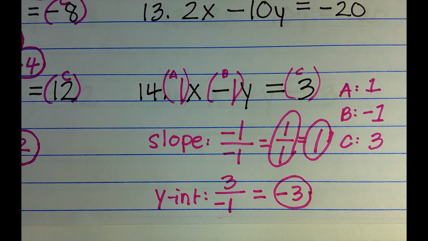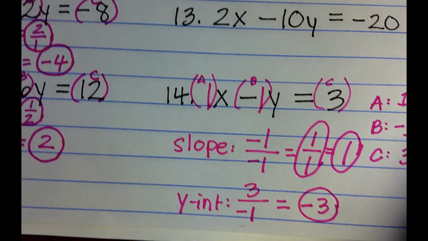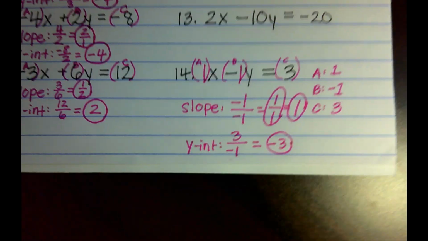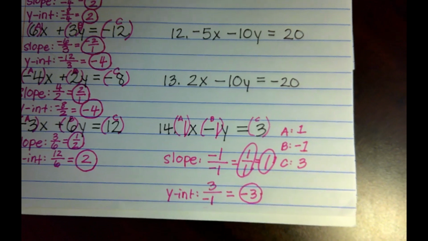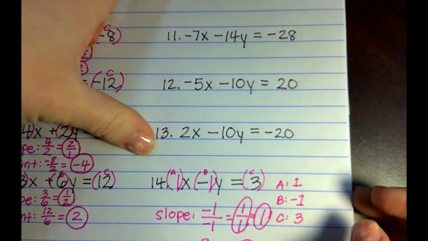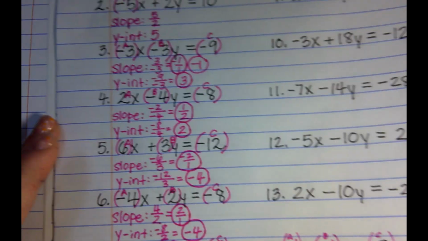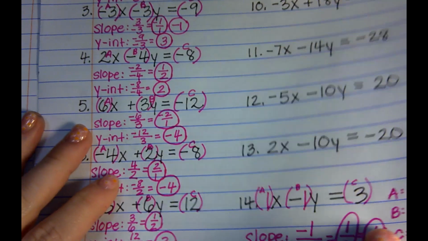Okay. All right. For the sake of time, like I said, I want to give you time for your exit ticket today. I'll give you answers to the rest of these in just a minute, but first I'm going to give you an exit ticket, and I'm going to put this to the side.